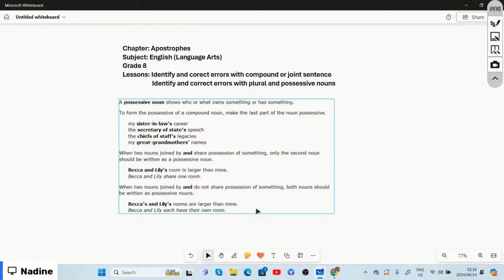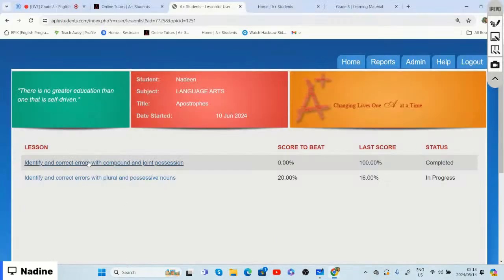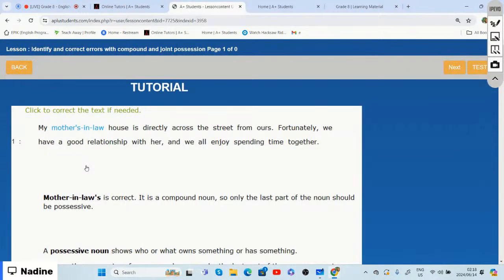All right. So now we're going to aplusstudents.ca and we're going to identify the correct words with the compound noun and joint possession.